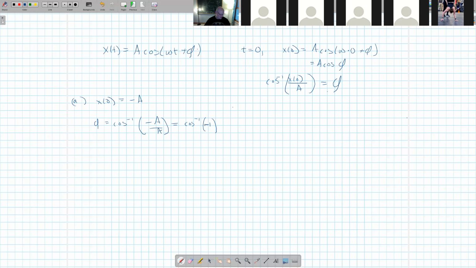So when is cosine equal to negative 1? So for what angle is cosine equal to negative 1? You know, pull out some trig that you guys probably haven't thought about in maybe 100 years. So for what angle is cosine equal to negative 1? 180.